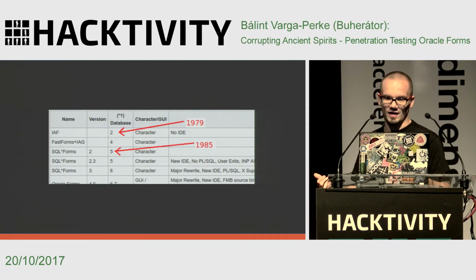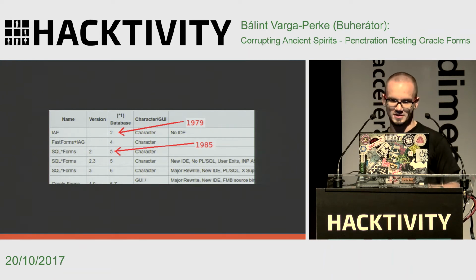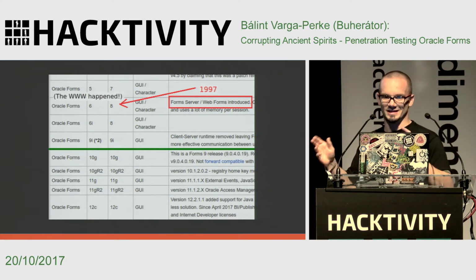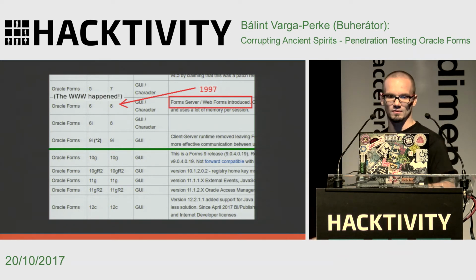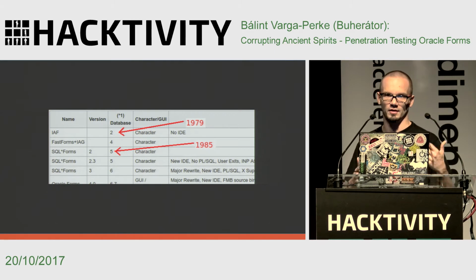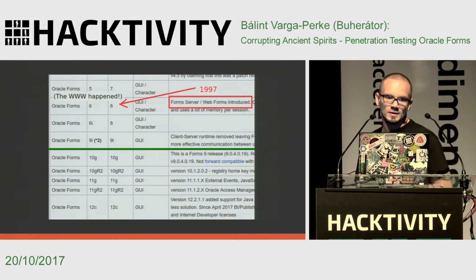In 1985, I still wasn't born, they developed it into SQL Forms, and then it was around 1996 and 1997 when the World Wide Web happened. So all these origins were before the web was even invented.